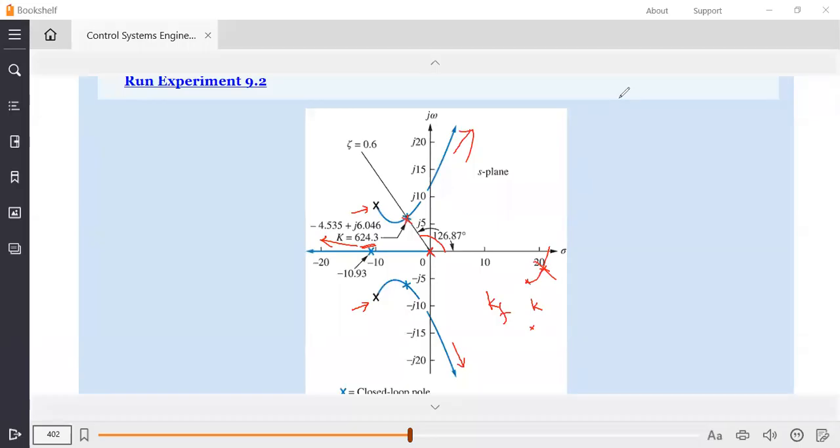No additional pole or zero is introduced here. Rather, we separate the root loci and the intersection points that we figured out, so the minor loop operates in totally separate conditions from your major loop.